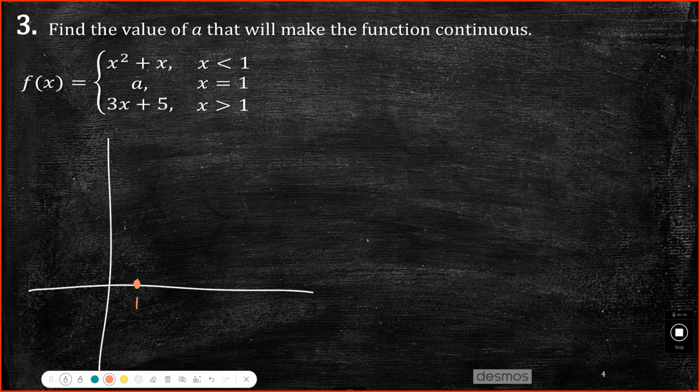No. If x is 1, this is wrong. If x is 1, what's y? What's the output for this? Plug in x equal 1 in here. What's the output? It's 2, yes or no? So at 1 it would be 2, but it's open, no? It's open.